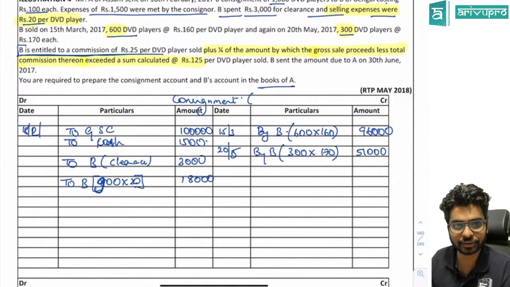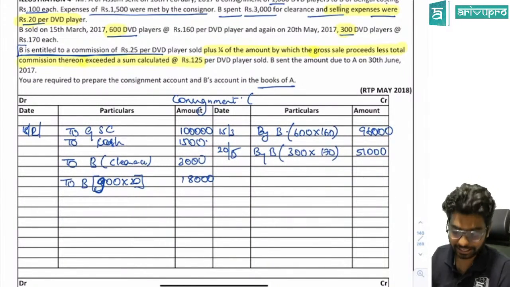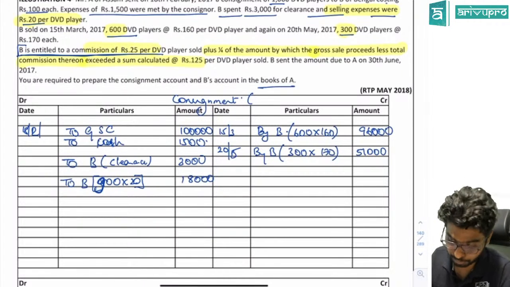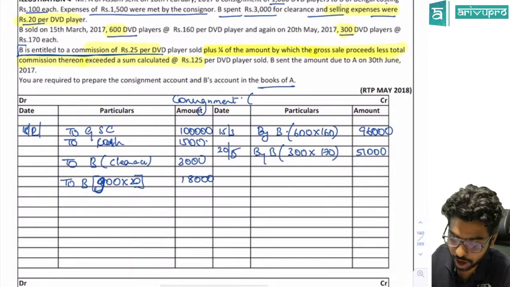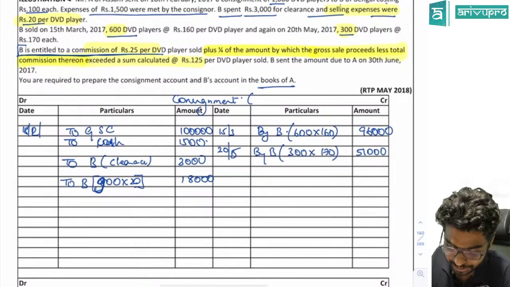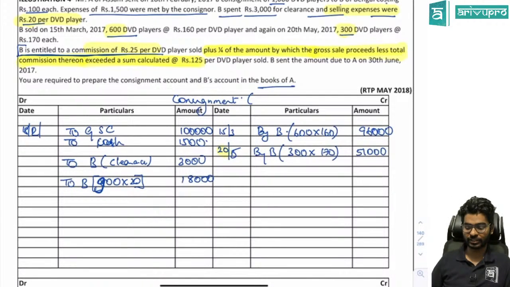Did you understand anything? He is getting first 25 per unit plus 1/4 of the amount by which gross sale proceeds less commission thereon exceeded a sum calculated at 125 per unit. As a student, if I see this in the exam, heart attack. Correct, no?